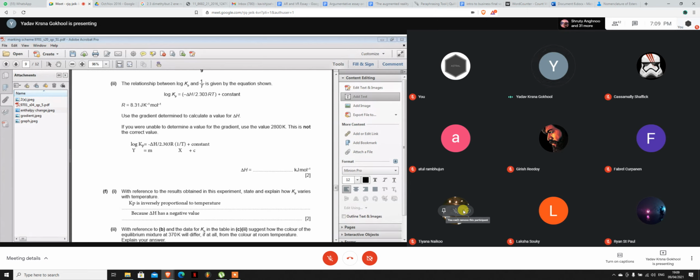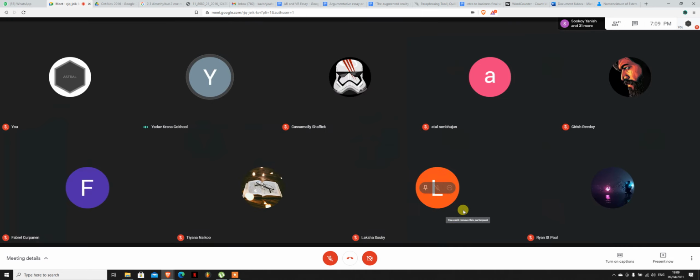because when you calculate the delta h, you will see that your delta h becomes negative. Okay, right? It becomes negative over here, right?